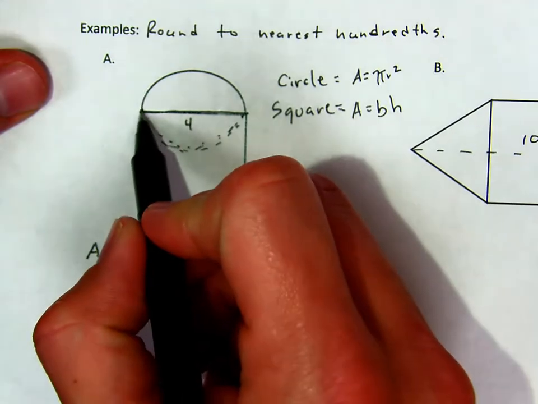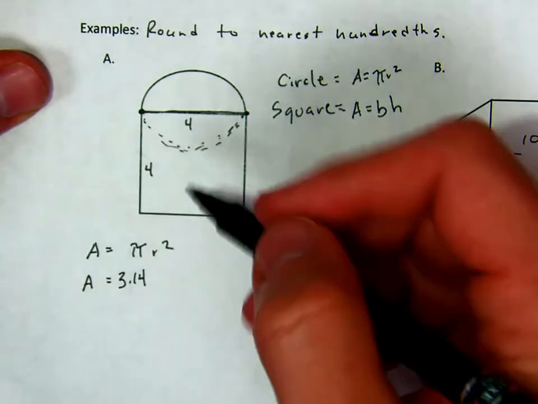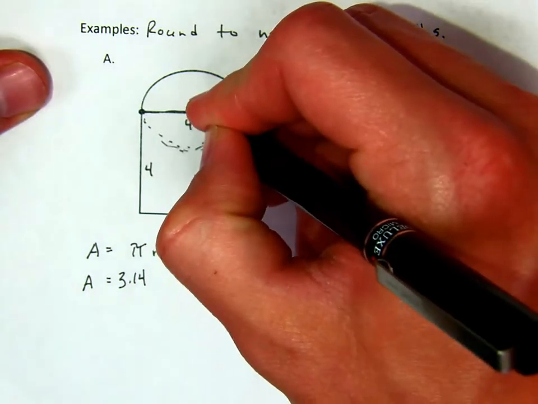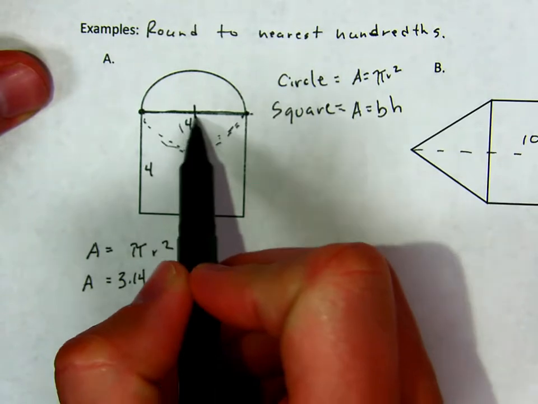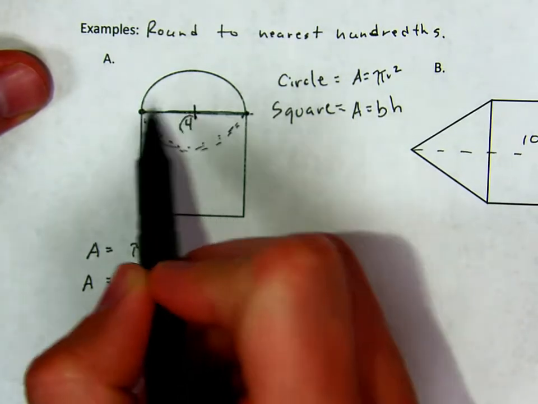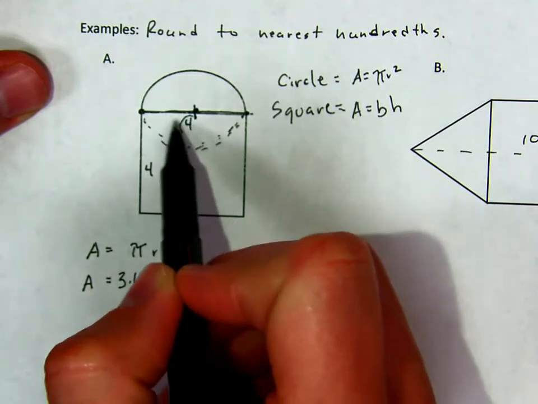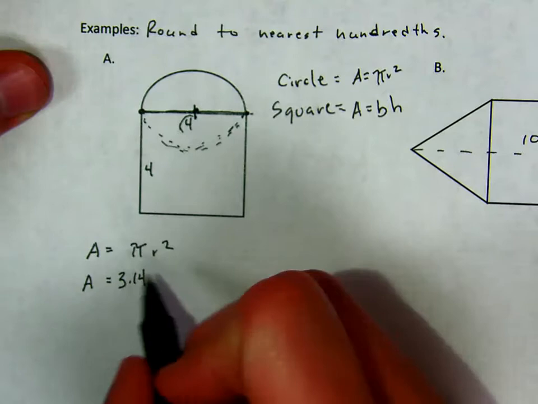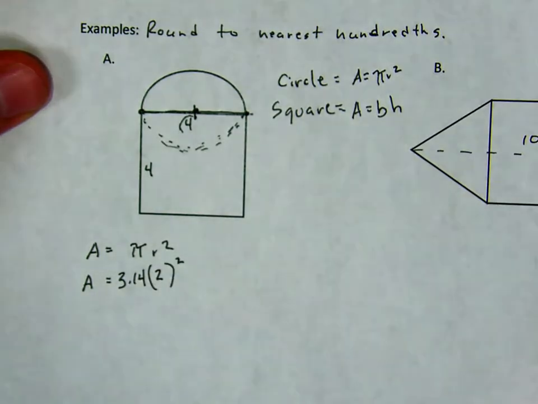From this point to this point would be our what? Diameter. So we want to go halfway to find our radius. The distance from here to here we have written down as 4. So from the halfway point from the outside to the center of the circle would be half of that diameter, which would be 2, squared.